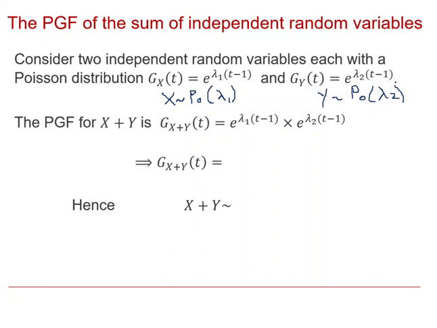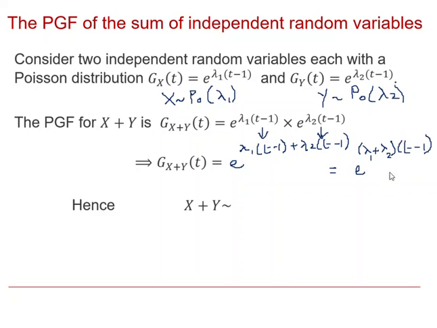So if we now consider the generating function for x plus y, this is the product of the two individual generating functions, and using the rules of indices, that would give us e to the lambda 1 (t minus 1) plus lambda 2 (t minus 1), and clearly factorising there, that would be e to the (lambda 1 plus lambda 2) multiplied by (t minus 1).